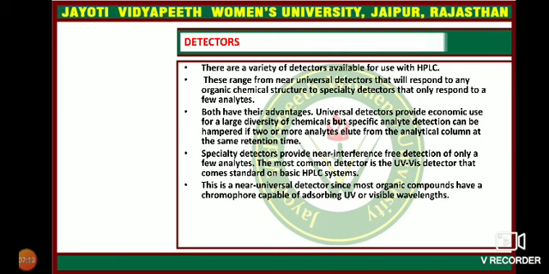Specialty detectors provide near interference free detection of only a few analytes. The most common detector is the UV visible detector that comes standard on a basic HPLC system. This is a near universal detector since most organic components have a chromophore capable of absorbing UV visible wavelengths.